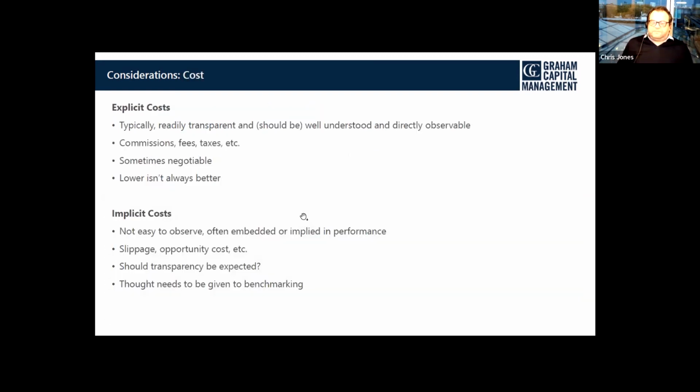Cost is massively important. Most asset owners find it difficult to get more expensive stuff through their governance, irrespective of the efficacy of such strategies. But it's not just the explicit cost, it's implicit costs as well.